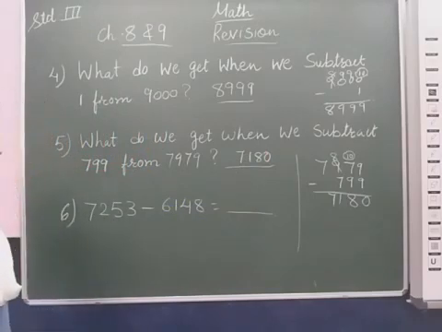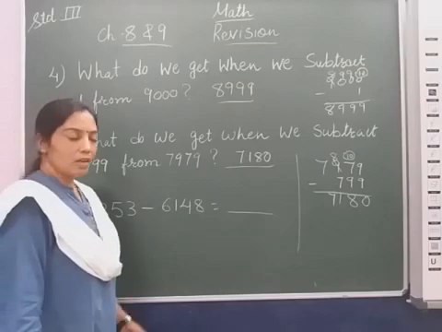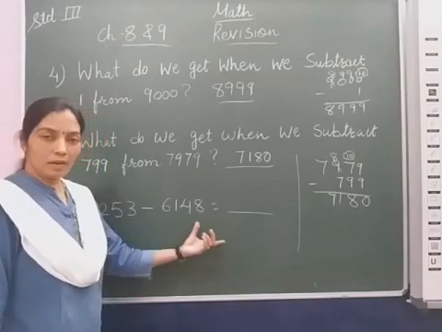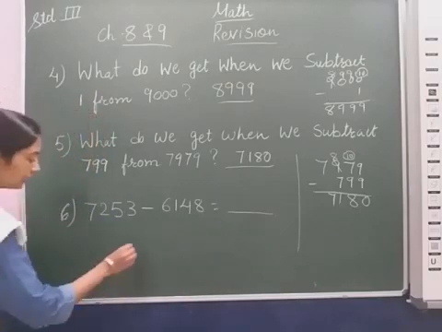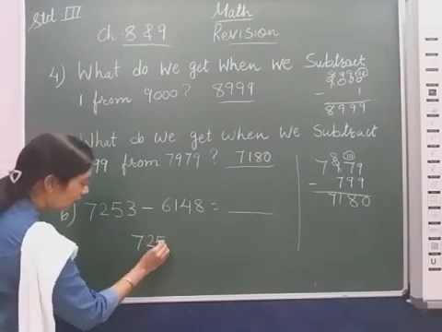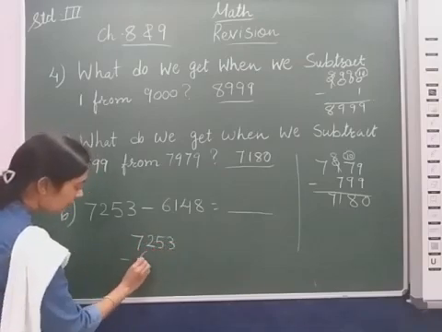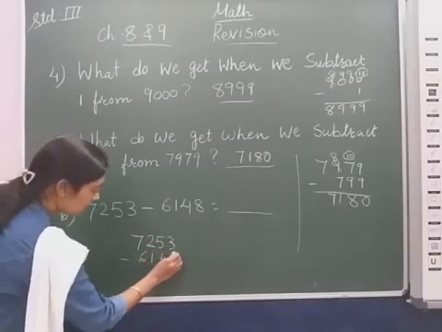Yes. Next is 7,253 minus 6,148. We have to do the subtraction. 7,253 minus 6,148.